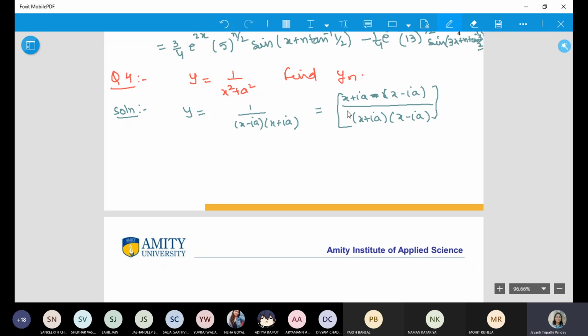I'll divide it by 2ia. Is this step understood? I've adjusted it to get 1 so that I can split it linearly. So I'll get, is this fine? This is a shorter way of doing it.